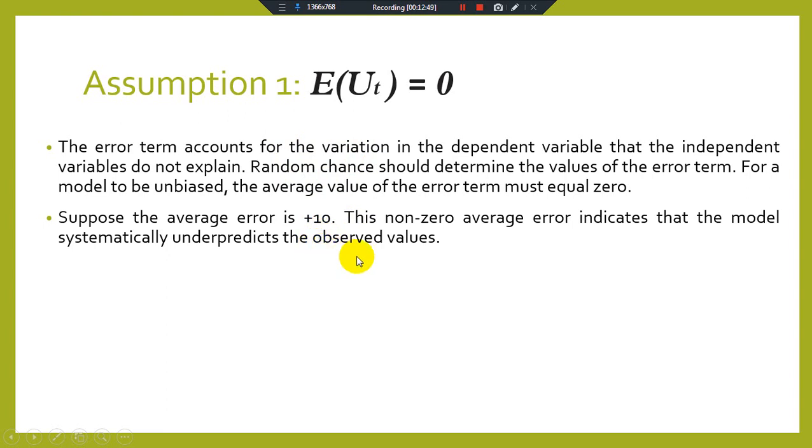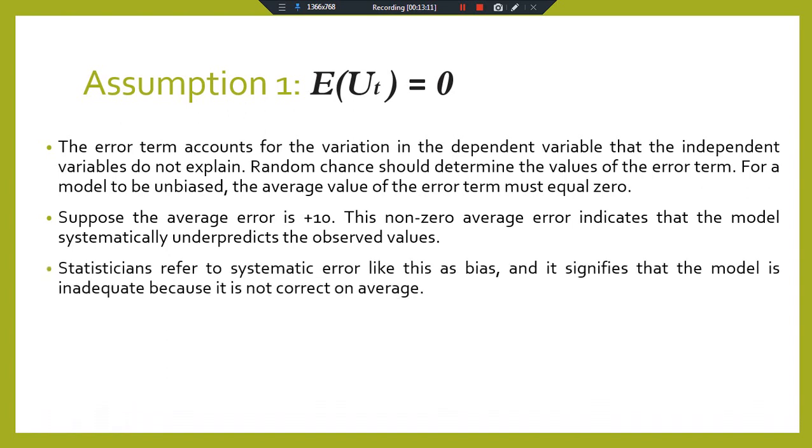This reveals that there is unexplained variation which is not explained by the independent variable. Statisticians refer to a systematic error like this as a bias, and it signifies that the model is inadequate, because it is not correct on average.